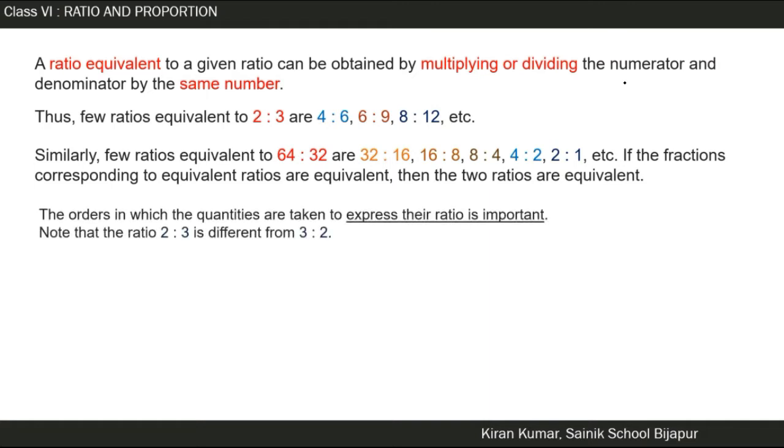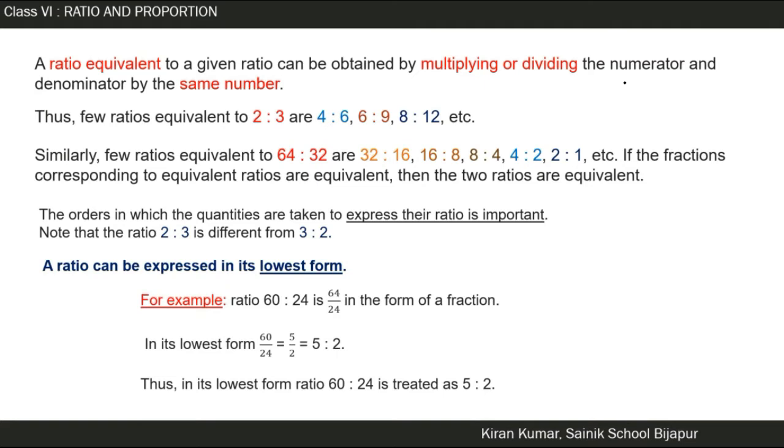The order in which the quantities are taken to express their ratio is very important, because 2 is to 3 is completely different from 3 is to 2. The ratio can be expressed in its lowest form by simplifying numerator and the denominator.